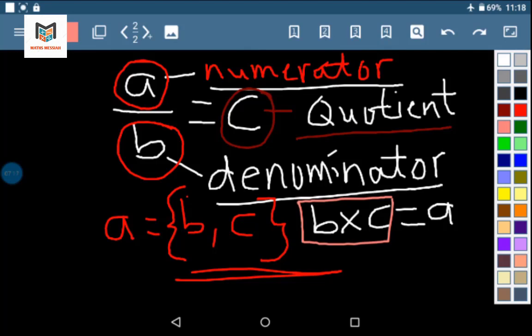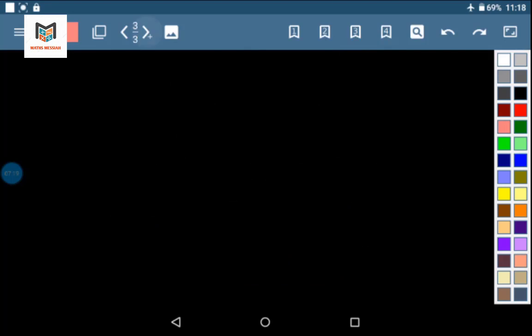Okay, let's take this example. You are given 10 to list the factors of 10. So this is how you start. 10 divided by 1 will give you 10.